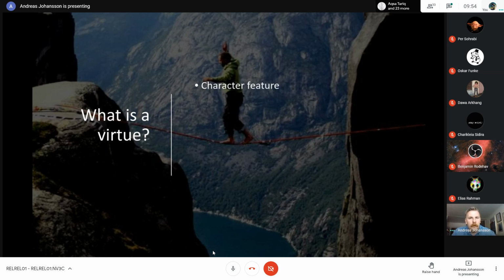But according to the more traditional way of looking at virtues, they are character features, and you should use these virtues as a compass when you navigate and are faced with new situations.